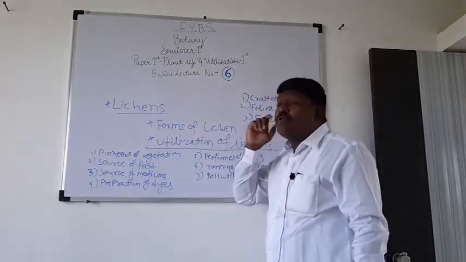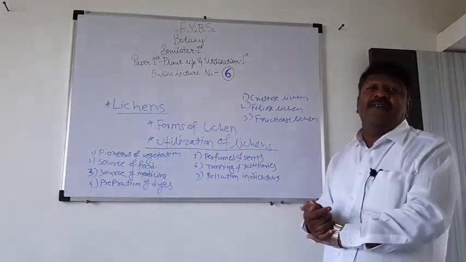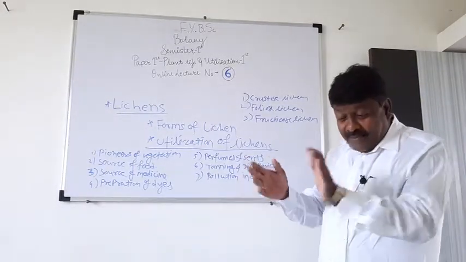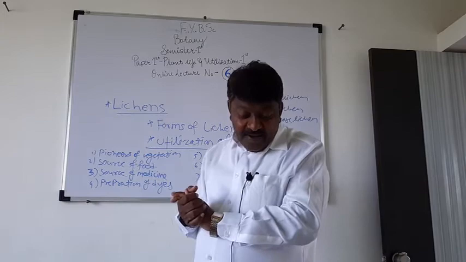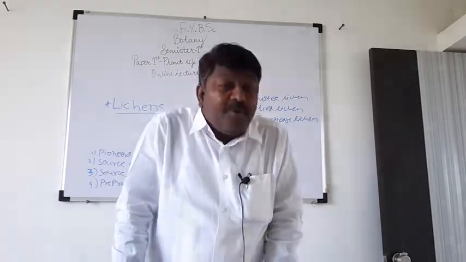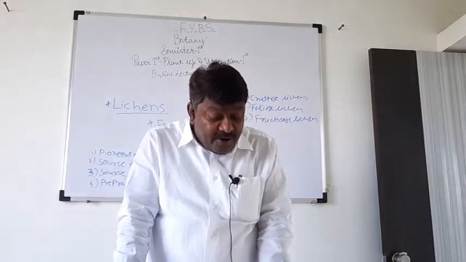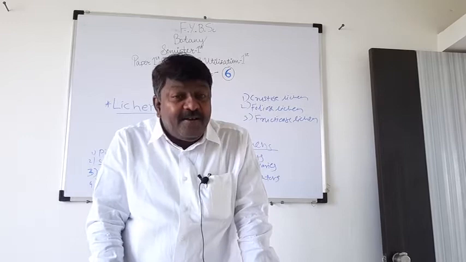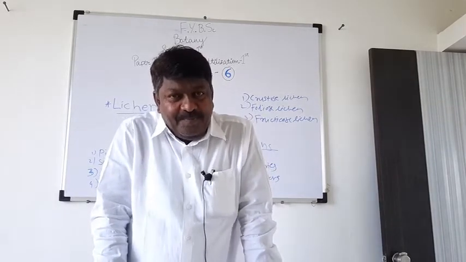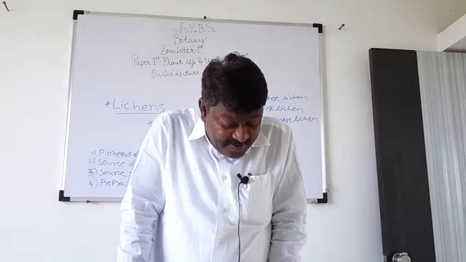Then second is source of food. These lichens are used as food, and there are many examples. Some species of lichens are used as food by man. In Japan, the foliose lichens are eaten in salad.